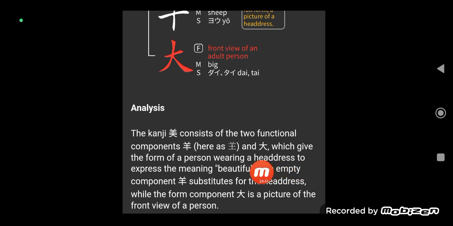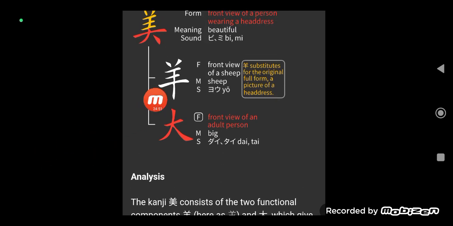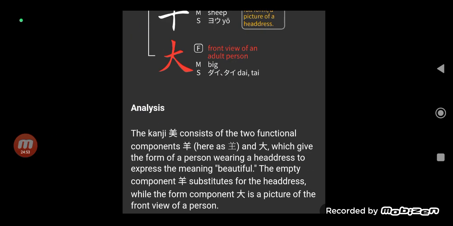The empty component here, this one colored white, is actually a goat or sheep. The empty component here, sheep or goat, is substituted by the headdress through a concept called corruption.